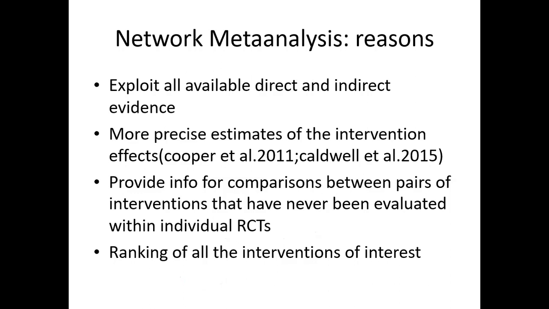So network meta-analysis can give you the indirect evidence. It can also give you a higher level of precision. So if you want a higher level of precision when you're comparing more than 3, network meta-analysis can help you.